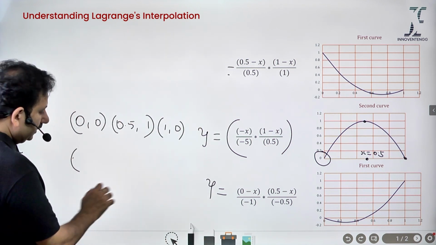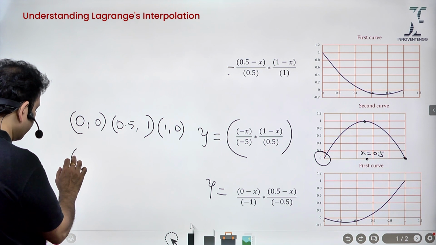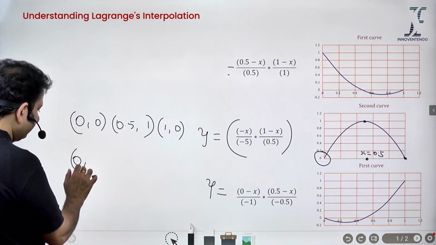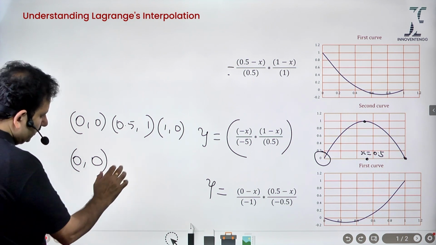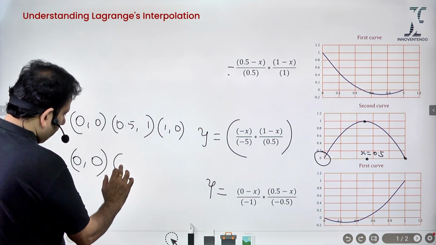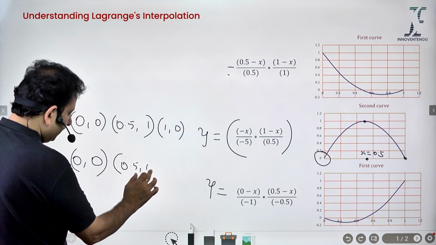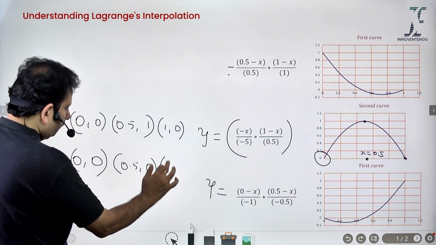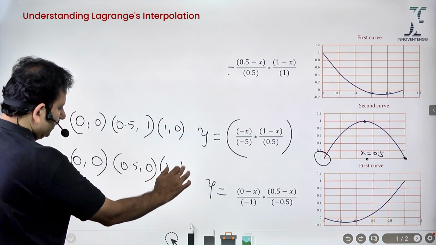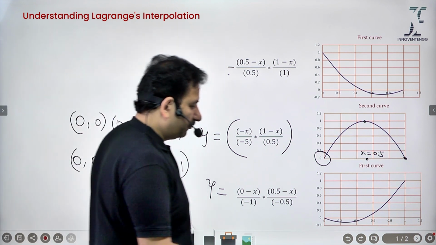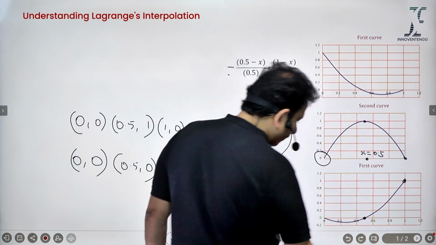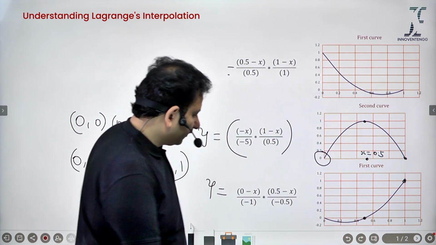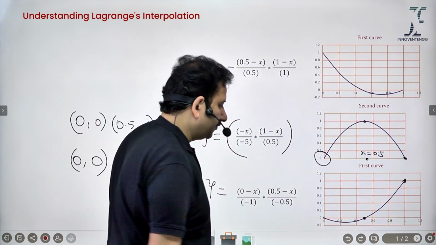If you want the last curve to be fitted, what are the criteria? You are starting with independent variable 0, and the dependent variable is also 0. The next is 0.5 independent variable, and the dependent variable is 0, and you're talking about 1 as the independent variable, and the dependent variable is also 1. And you can see 1 comma 1, and exactly here you see 0.5 comma 0, and here it is 0 comma 0.